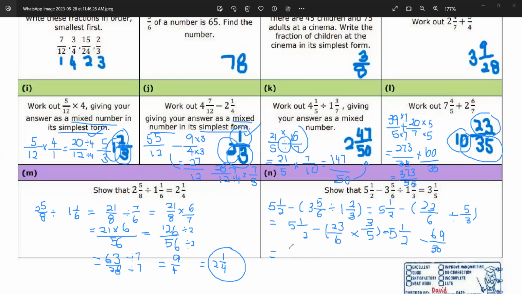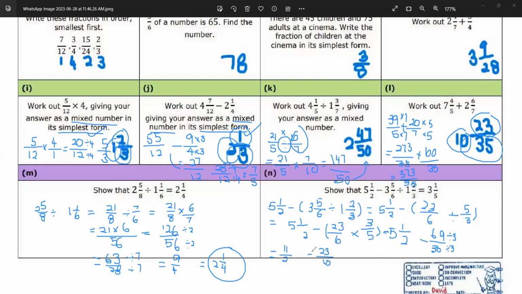Also, we need to change 5 and 1 out of 2 to improper fraction, which will be 11 out of 2, minus 23 out of 10. Because 23 out of 10 is the simplification of 69 out of 30 when we divide by 3.